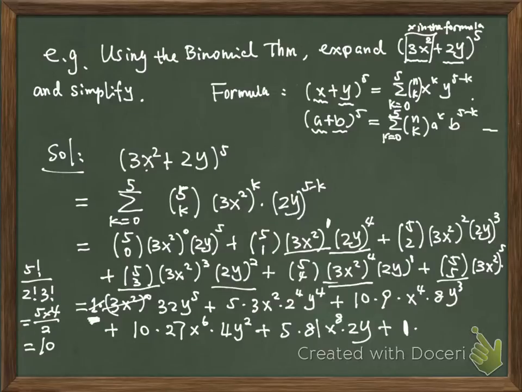Indeed, you might have noted that on the two ends of the expanded form, the 5 choose 0 and 5 choose 5, or in general n choose 0 and n choose n, are always just ones. It's going to be quite convenient if you memorize these as formulas.